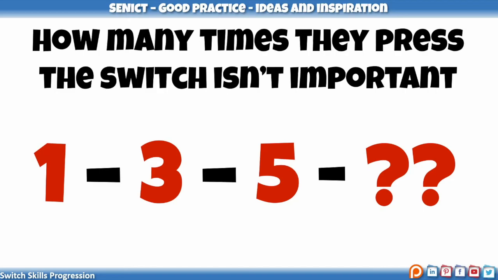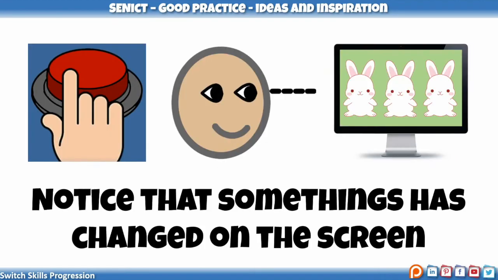And that involves using images on the screen which the child will be able to recognise and relate to, prompting them to notice that those things have changed, and building up this awareness that they need to complete a very simple sequence in order to achieve that reward that they're seeking. The skill here isn't that the child is able to press the switch an ever-increasing number of times.